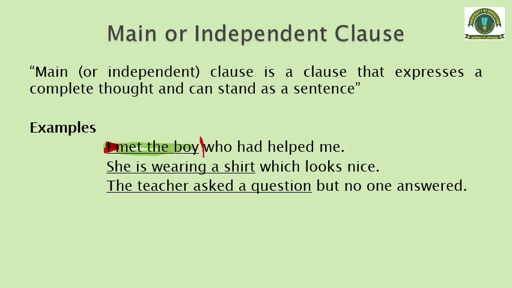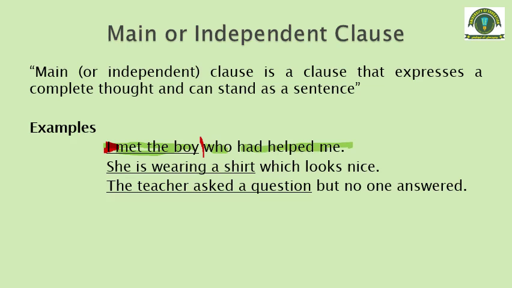It has a subject and a predicate, so it is a clause. "Who had helped me." Who is the same boy, so it is a subject. "Had helped me" has an action, yes, it has a predicate. So this is another clause.